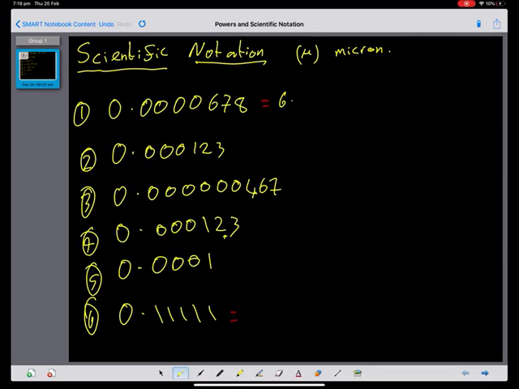Okay, so we've got 6.78 times 10. Okay, we're going in the opposite direction now. 1, 2, 3, 4, 5. Negative 5. You must remember to write that negative. Okay, so this one's nice and easy.